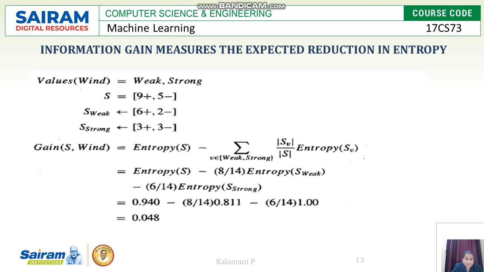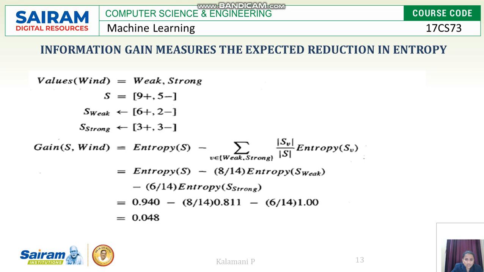Then gain of S comma wind is equal to entropy of S minus the sum over weak and strong, because for the attribute wind, it took two values, weak and strong. Entropy of S minus 8 by 14 entropy of S weak, since 6 plus 2 is 8 instances out of a total of 14, minus 6 by 14 entropy of S strong.